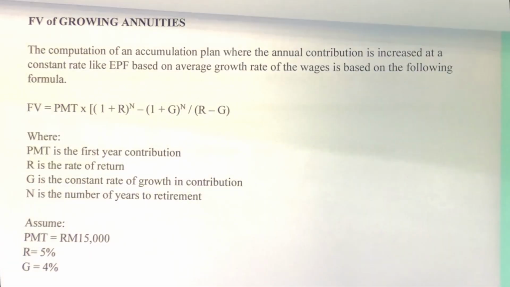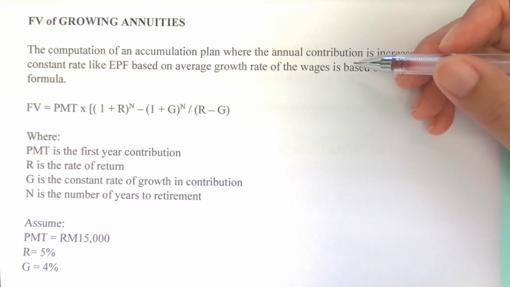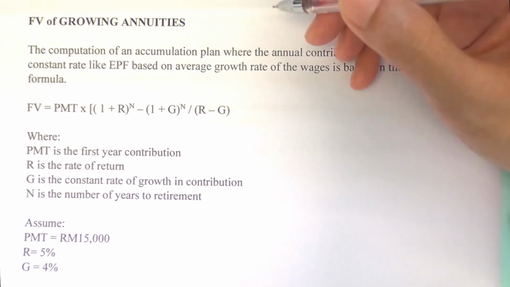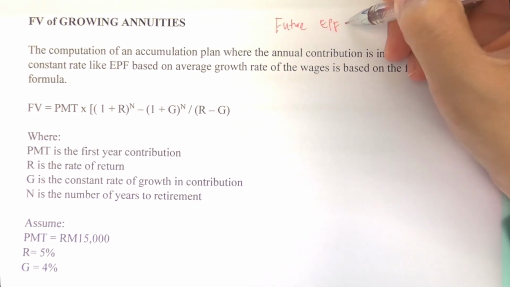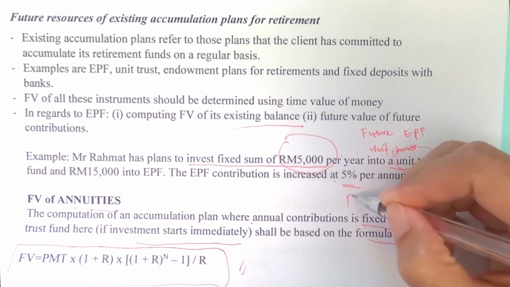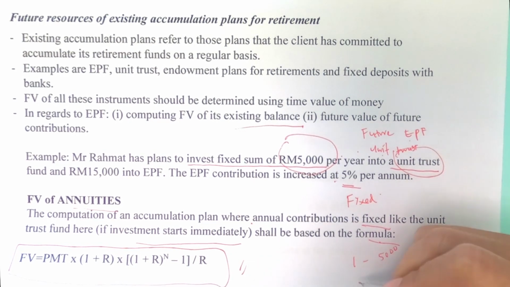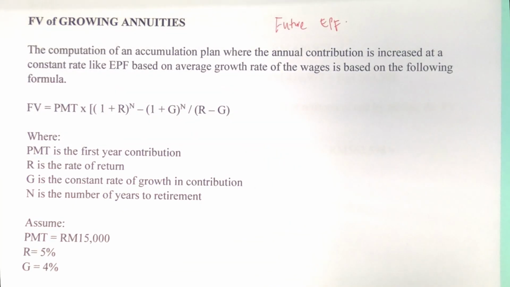But now we're going to look at the case of FV of growing annuities, in the case of future EPF. Unlike the first one, where the contribution is fixed every year, meaning the first year is 5,000, the second year is 5,000, the third year also similar 5,000 in the case of unit trust.